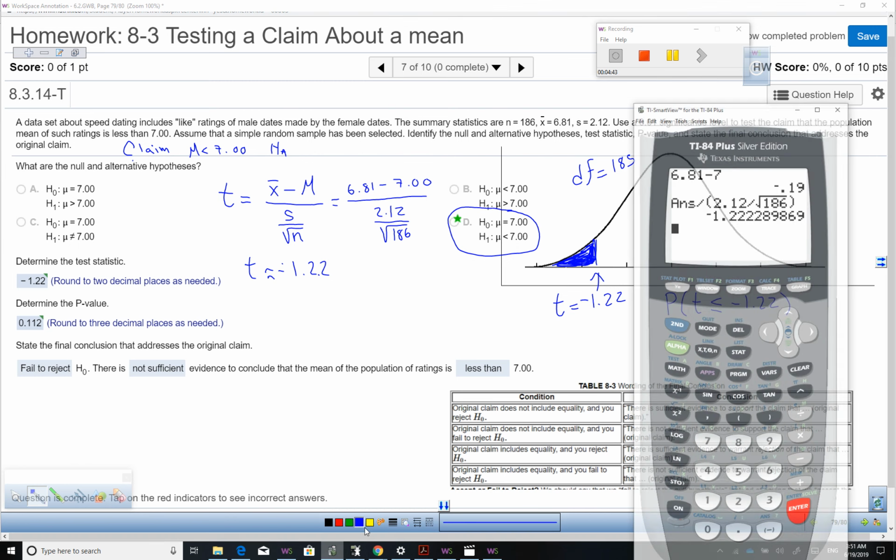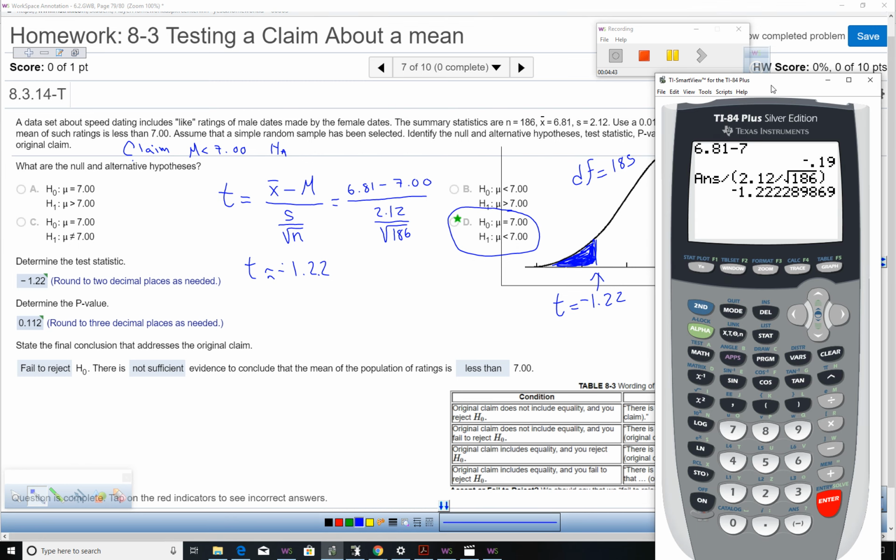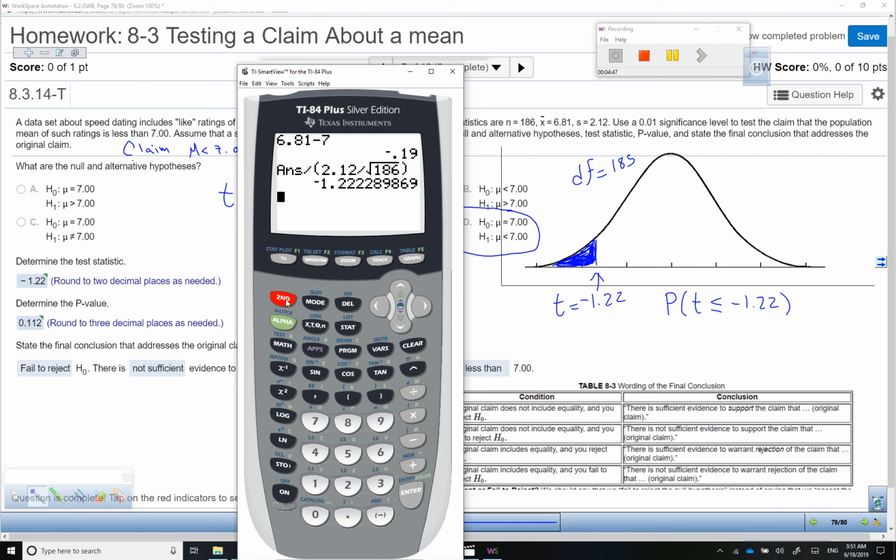So we get the calculator, we press second VARS, and we choose tcdf, number 6. The lower value, well, let me choose any extreme low value like negative 10,000, and the upper value will be negative 1.22.